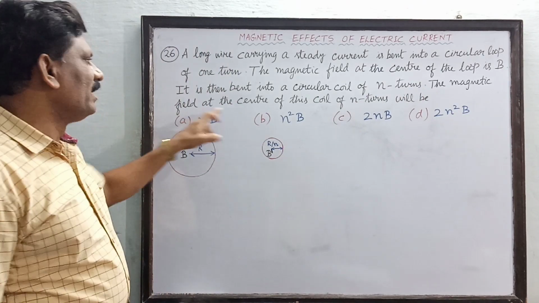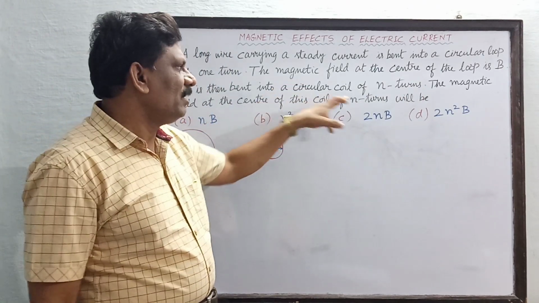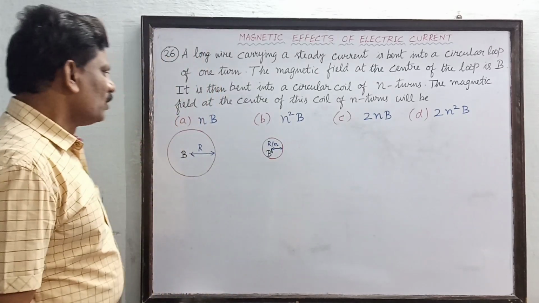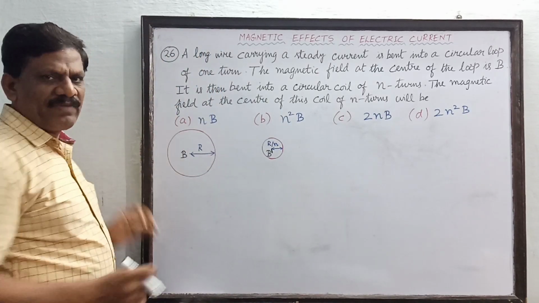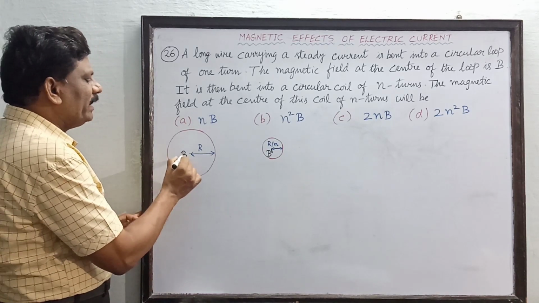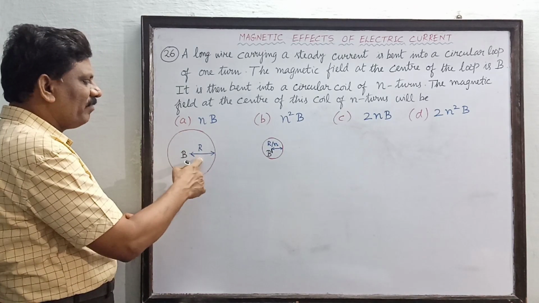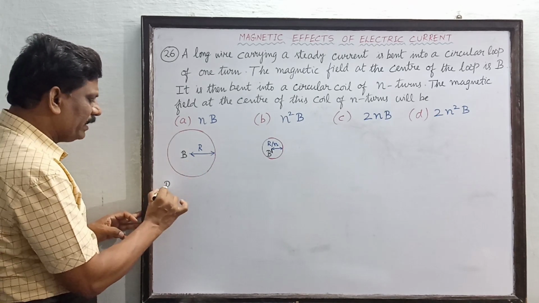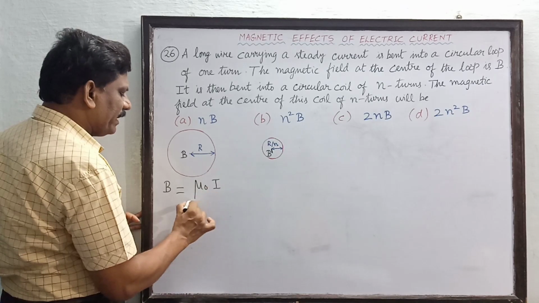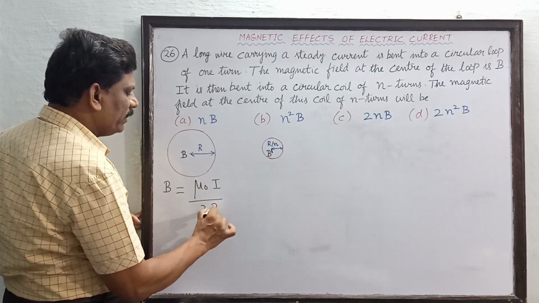The magnetic field at the center of this coil of n turns will be how much is asked. So I have taken a long wire and bent it in the form of a single circular loop, and the magnetic field B at the center of this circular loop of radius r is given by B is equal to mu naught into the current I divided by 2 into r.